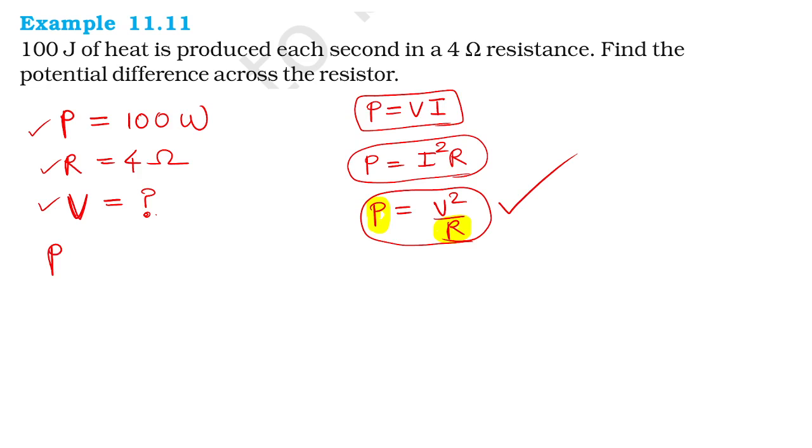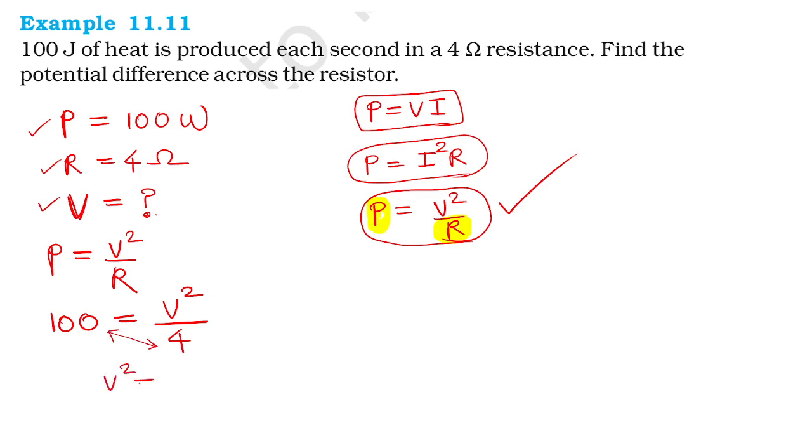The 3 formulas you have to memorize. P equal to V square by R. But I want V. Okay, let me substitute the value. P is 100, V square, V I don't know, by R. R is the resistance, which is 4 ohm. Question is simple. You can do the cross multiplication like this.